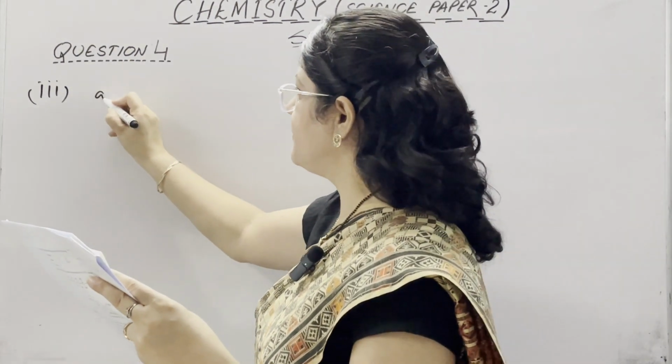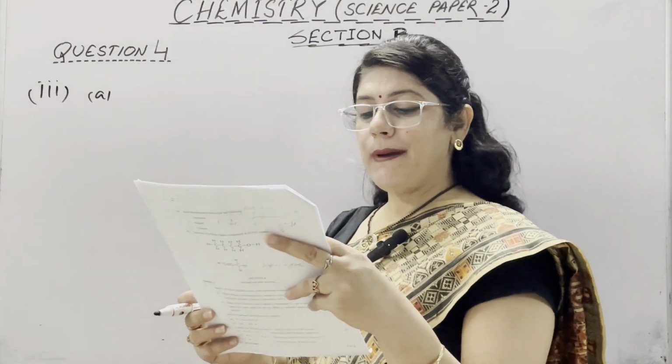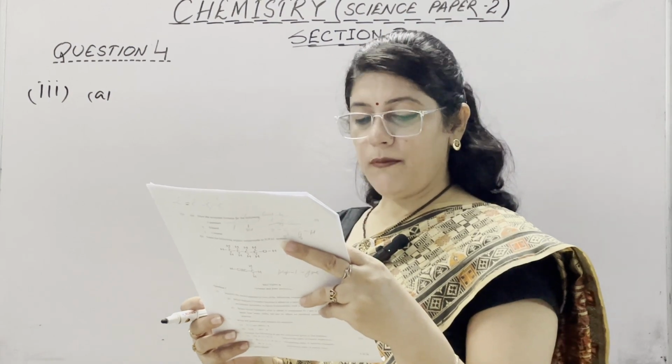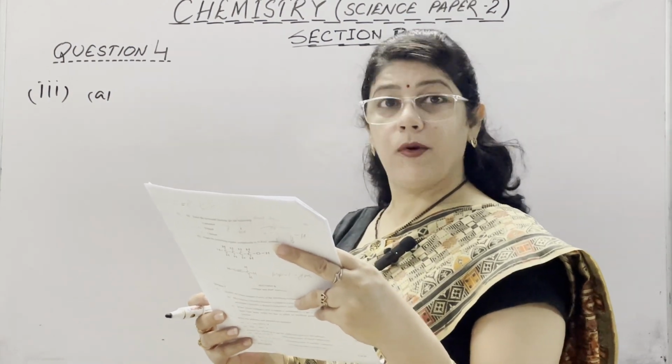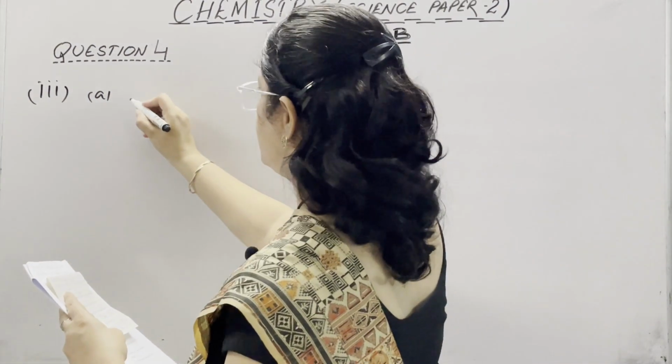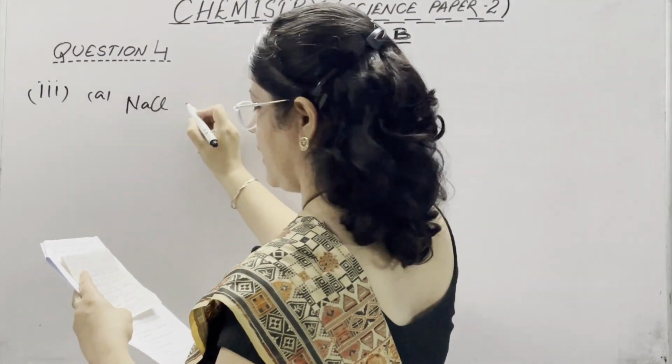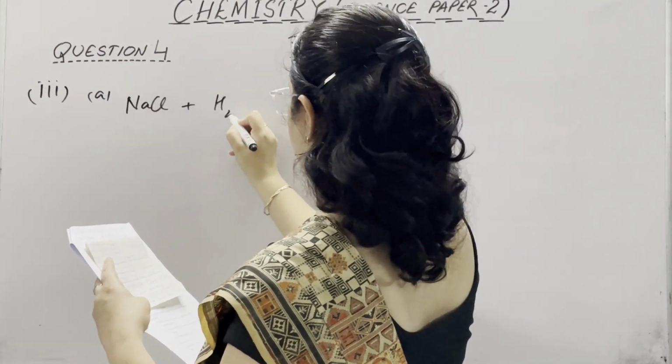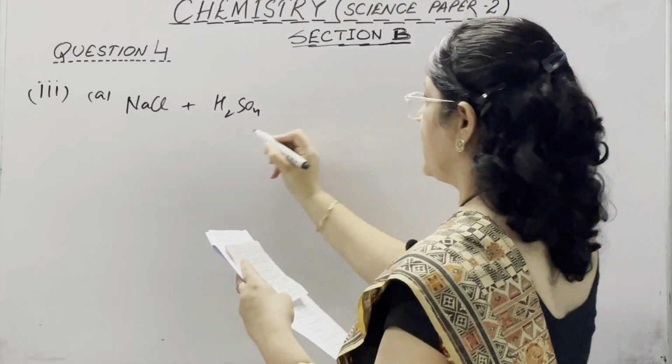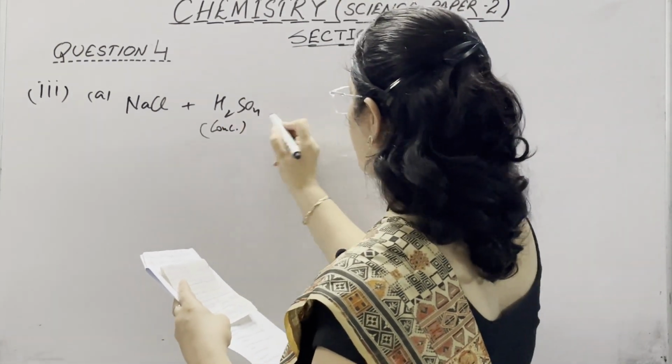In A part, write a balanced chemical equation for its preparation mentioning the condition required for laboratory preparation of HCl. So we know two reactions are there. One is NaCl plus concentrated H2SO4.